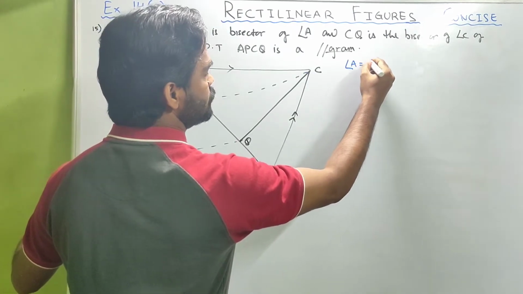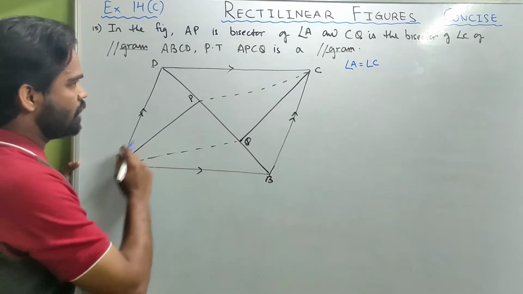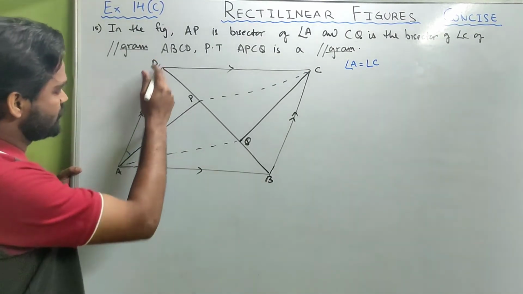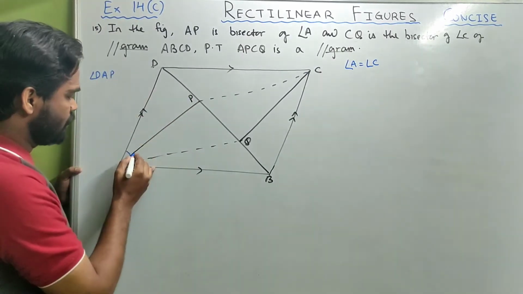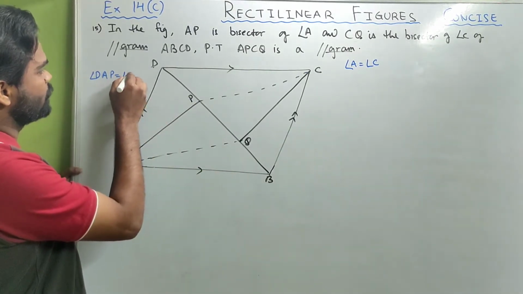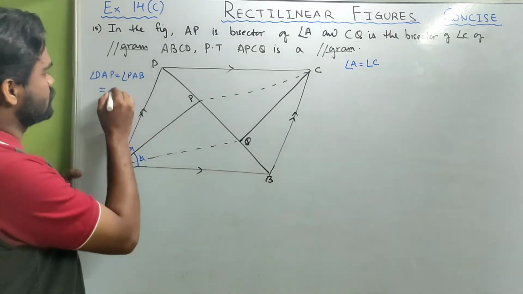Angle A is equal to angle C. Just look carefully. And AP is the bisector of angle A, which means angle DAP will be equal to PAB, isn't it? Suppose I take this as X, so this will be X, no doubt in that.